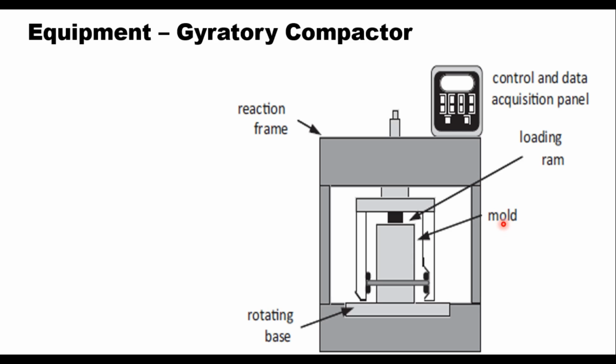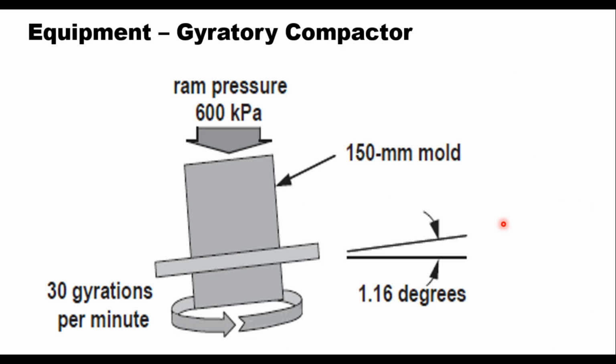The main parameters governing the compaction effort are the vertical pressure, which we call the ram pressure. It should be around 600 kPa plus minus 18. The gyration angle of the mold is set at 1.16 degrees. Gyration rate is 30 gyrations per minute, and the size of the mold is 150 millimeter.